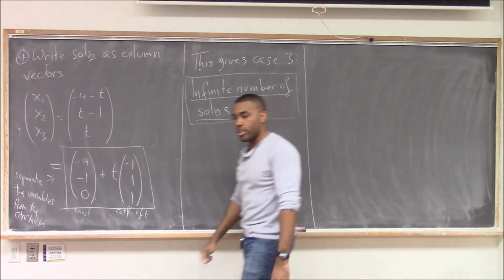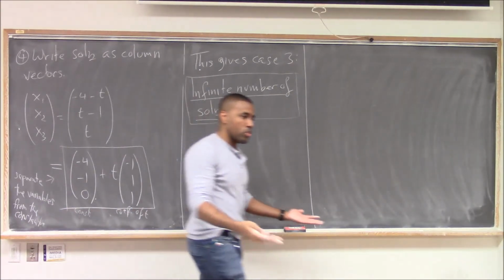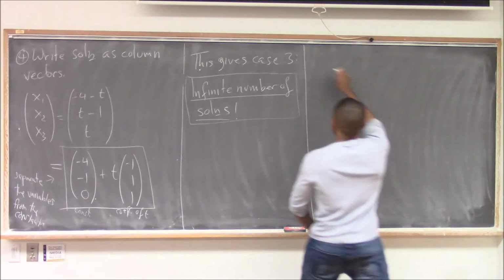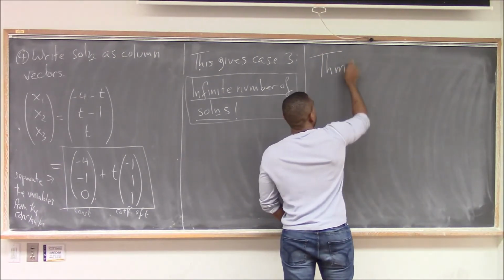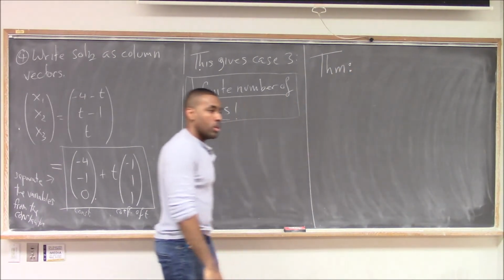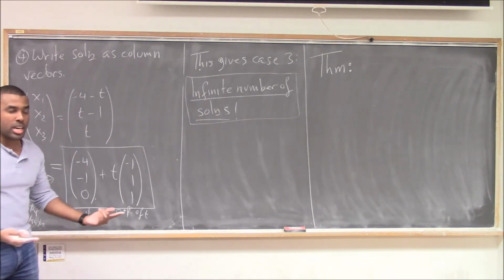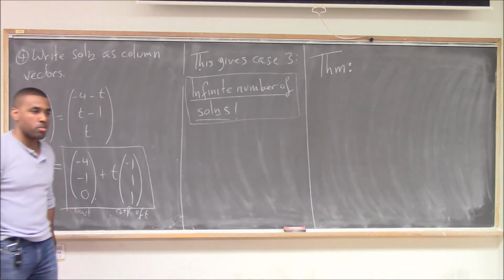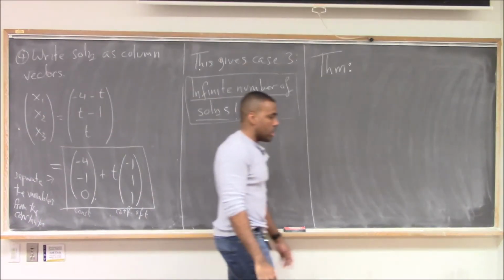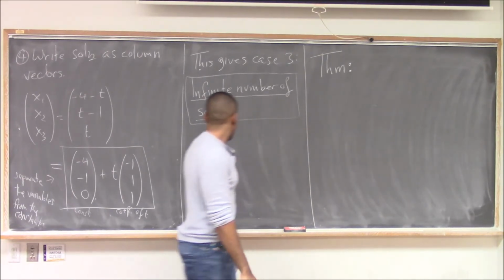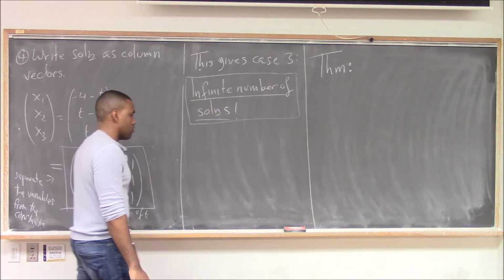Now here's an important theorem. It's not hard to prove, but this isn't a proof class, so I'm not going to prove it for you. The proof really relies on counting the number of pivots and comparing it to the number of columns.